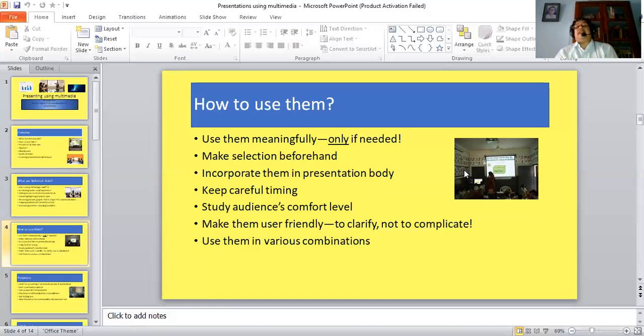You can also use something like an IWB or the interactive whiteboard or the smart board, which is an extremely useful device for your presentations. In this IWB, you can use digital media like PowerPoint presentations, and you can operate that with finger touch, and you can also write on it like an ordinary board.